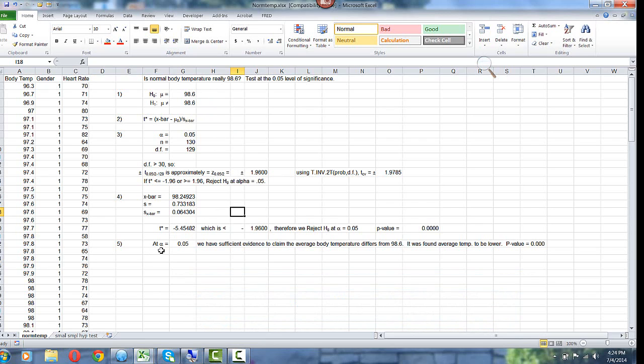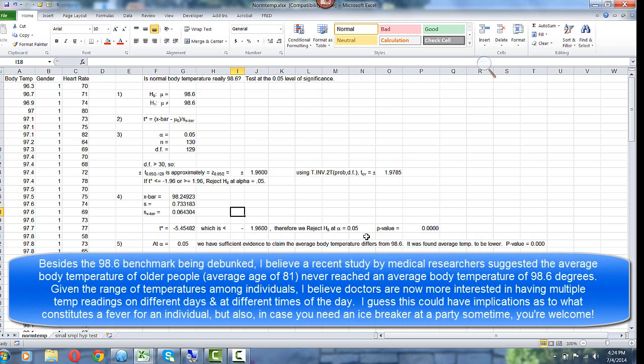And our conclusion here is that at alpha 0.05 we have sufficient evidence to claim the average body temperature differs from 98.6. It was found average temperature to be lower. If you find a difference on a two-tailed test, don't forget to then indicate which direction. Because if you make this conclusion, you're basically leaving the reader hanging.